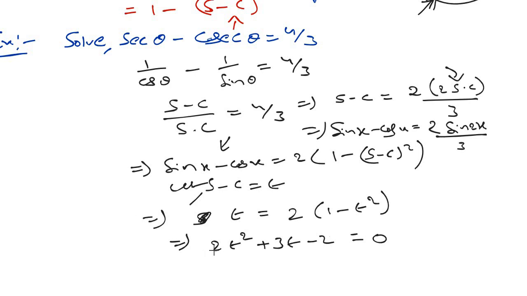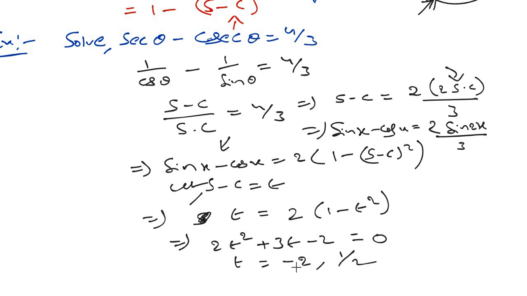After finding the t value, we have to substitute sin minus cos in place of t. So first let us identify t by using the quadratic formula, or you can factorize. I'll get t value negative 2 or 1 by 2.